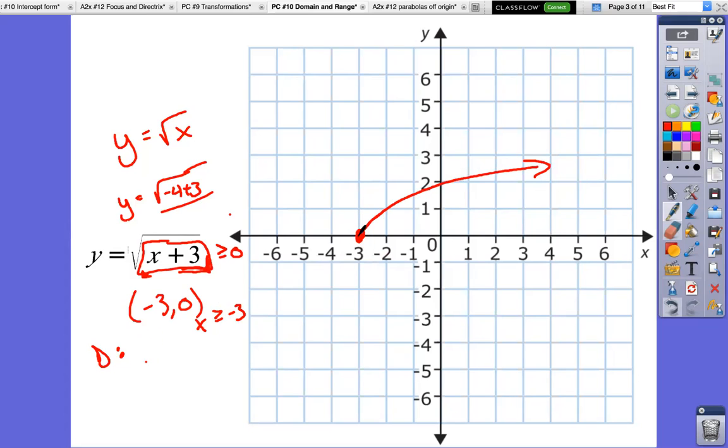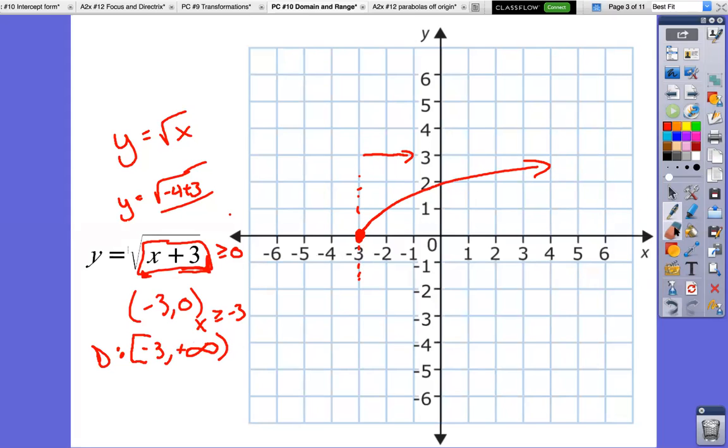What's the furthest left it's going to be? Closed bracket, -3, then positive infinity. That's exactly right, with a parenthesis. So your domain is going to be a closed bracket because it hits -3. Remember, I'm talking about left to right. So the smallest it will ever be is -3, and it goes on to infinity.